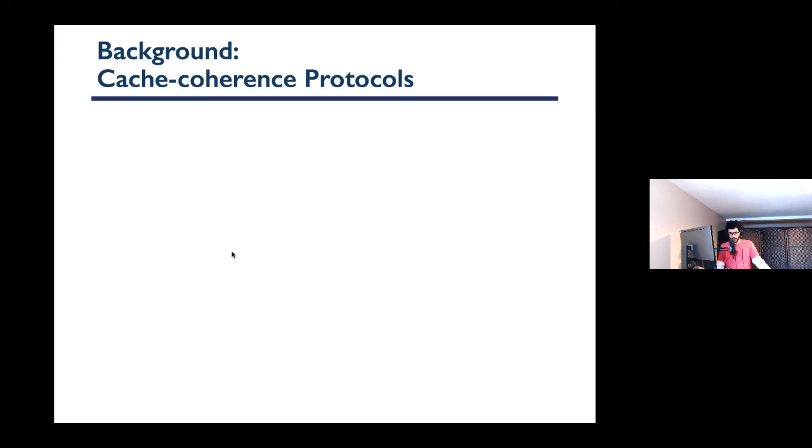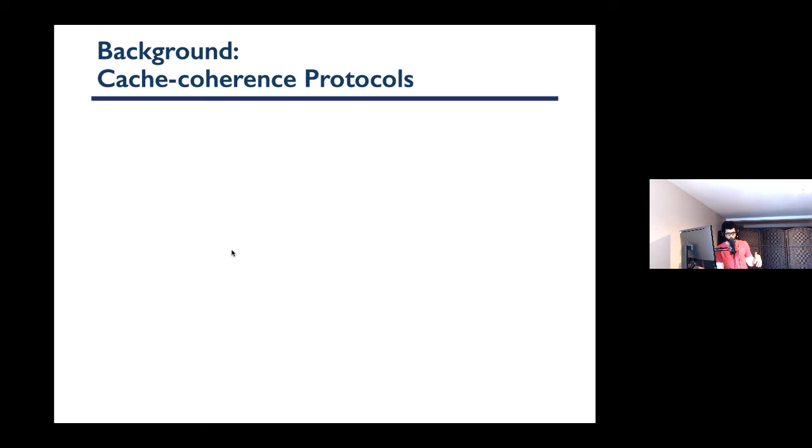Now, let's see what we can do about this. The one thing that you can do, and is pretty much done in modern multiprocessors, is to put in place a cache coherence protocol. So the job of this protocol is to make sure that you don't have the situation that we just saw.